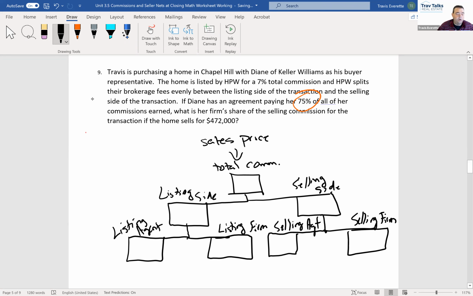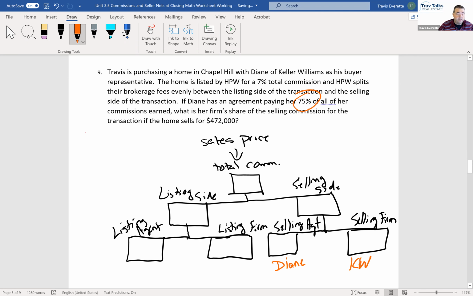Travis is purchasing a home in Chapel Hill with Diane of Keller Williams as his buyer representative. Okay, right there, I've got some information. Diane is the buyer representative. She's representing Travis, who's purchasing, so she must be the selling agent. Let's go ahead and list her here. Diane, selling agent, and her firm, Keller Williams, must be the selling firm.